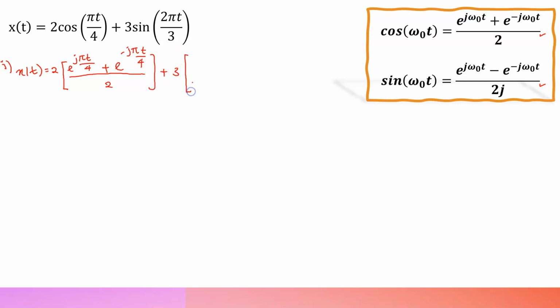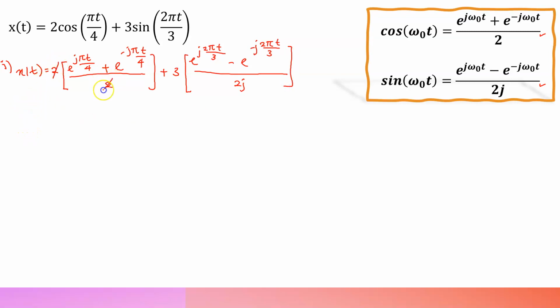Now we have the sine signal, where ω0 is 2π/3, so we have (e^(j2πt/3) - e^(-j2πt/3)) divided by 2j.